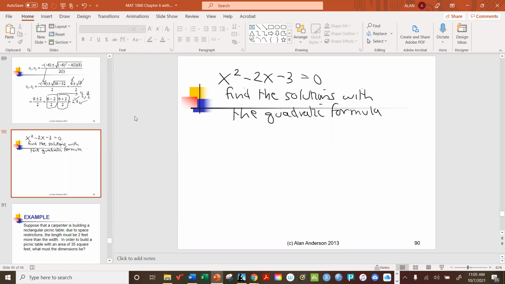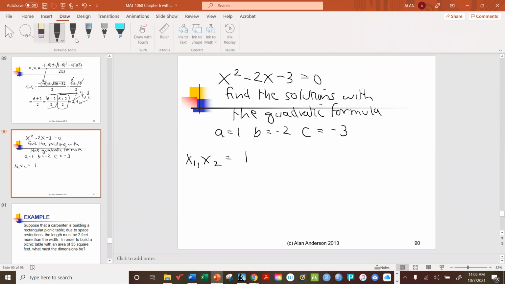All right, let's see how we did. So A equals 1, B is -2, C is -3, so we have negative B plus and minus the square root of B squared minus 4AC over 2A.